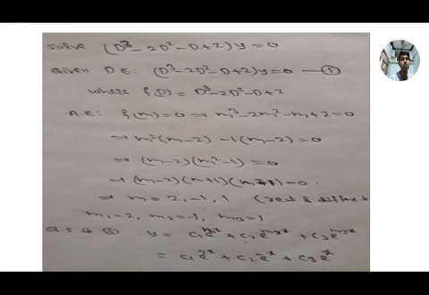First problem: solve (D cube minus 2D square minus D plus 2) y equals 0.